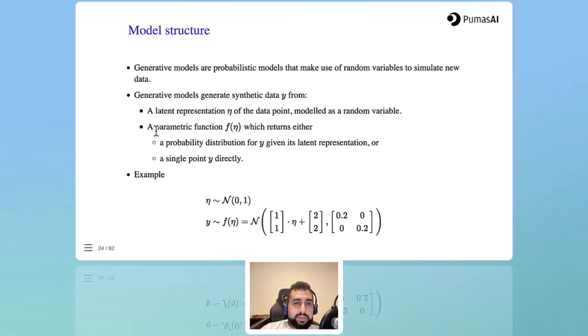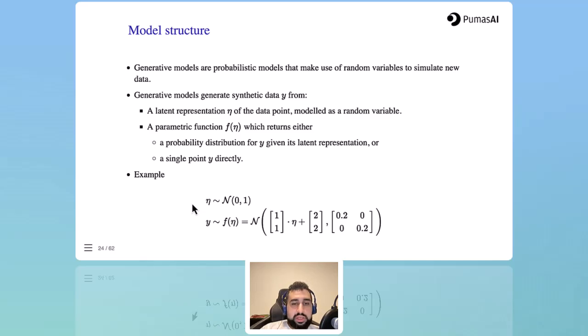The next component of this particular class of generative models is often a parametric function f, which takes input eta, this latent variable that we sampled, and either returns a probability distribution for y given a specific value for eta, or it returns a single point y directly. So it either returns y directly or some distribution for y, from which we can then sample.